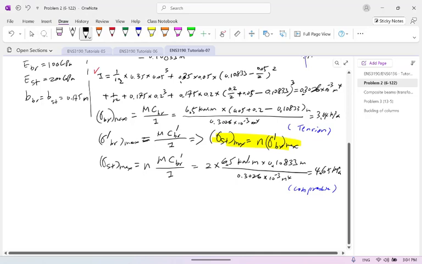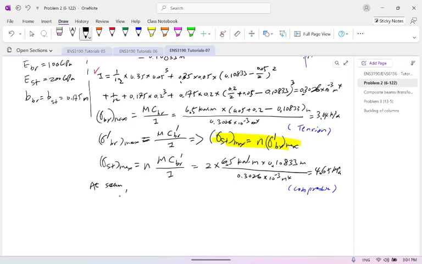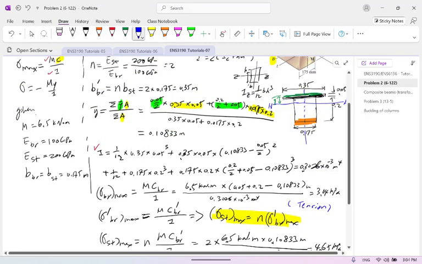So that's why for the aluminum, we should write down sigma plus equal to negative M C plus over I. So of course, negative 6.5 kilonewton. Remember this one, don't put the wrong thing, okay? This one is still plus, it's above, okay?